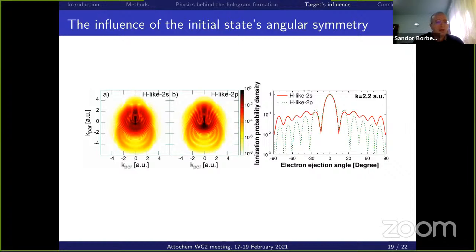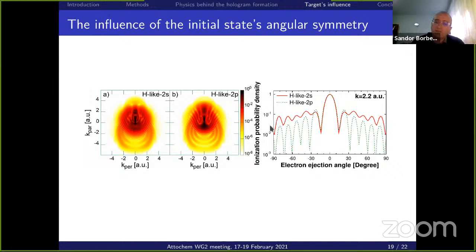And you see that there are significant differences between these two photoelectron momentum distributions. However, if you take a closer look and you plot the angular distribution of the photoelectrons for a fixed electron momentum, you see that the location of the interference minima in both cases, for both initial states, is at the same place.